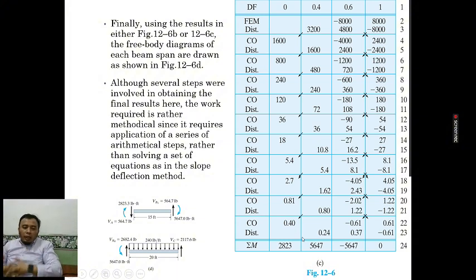Important to highlight the denotation of negative positive. As you can see, positive is taken as clockwise moment, and negative is taken as counterclockwise moment. As you can see here, moment at member BC is negative 5647 here, because it is a negative moment.